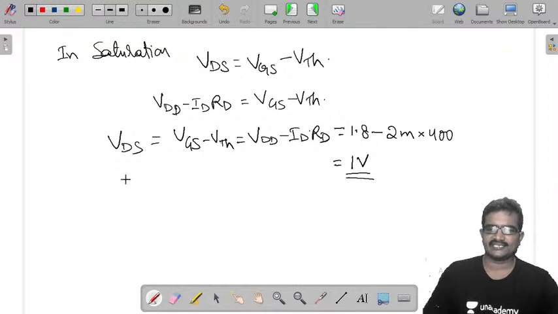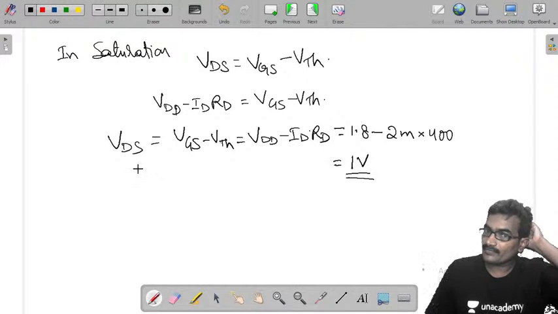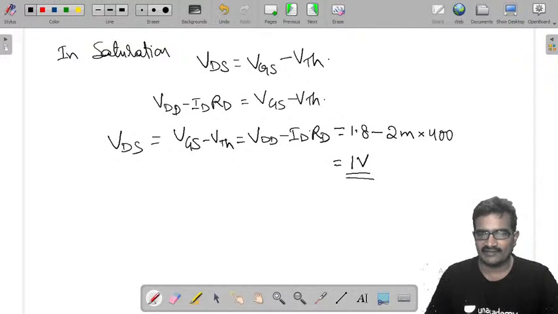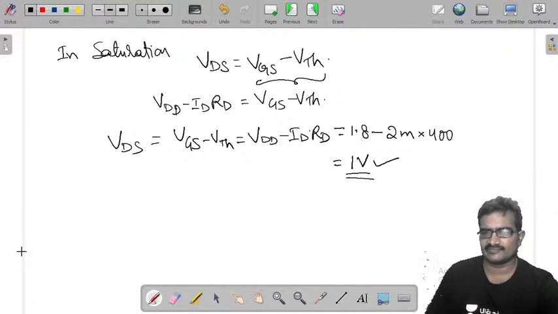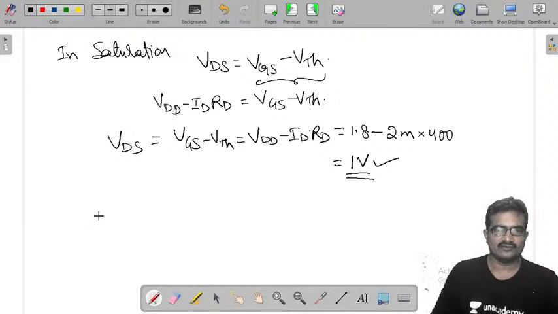So once VDS is 1 volt, that is the value of VDS. Okay. At the same time, I am going to take VGS minus VTH, voltage at gate minus voltage at source. First we get the VGS value.